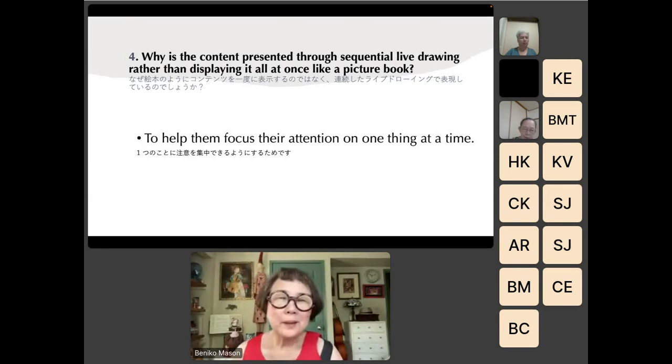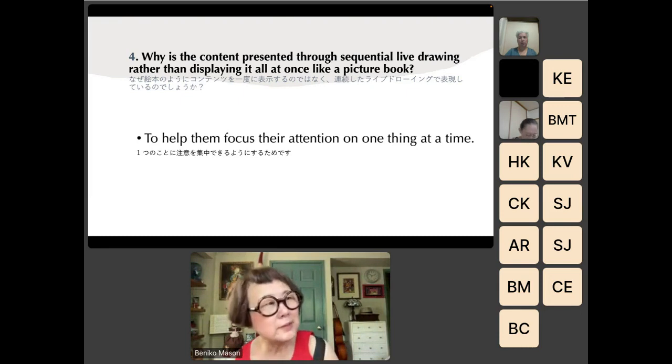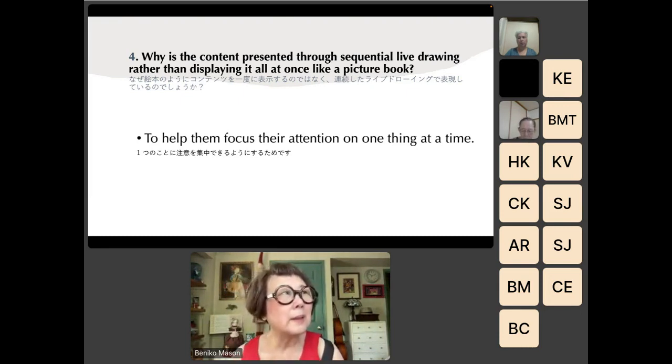Number 4, okay, the reason why I am presenting the explanation about why we draw is that I would like the teachers who are going to use story listening to understand why we are doing this. I'm hoping that the teachers will not just draw pictures and just tell a story.